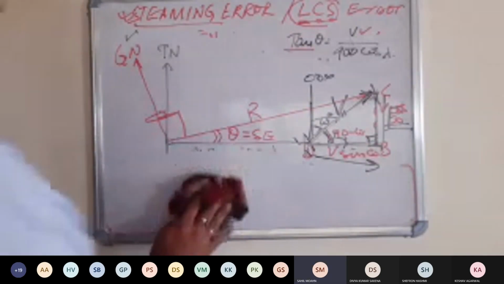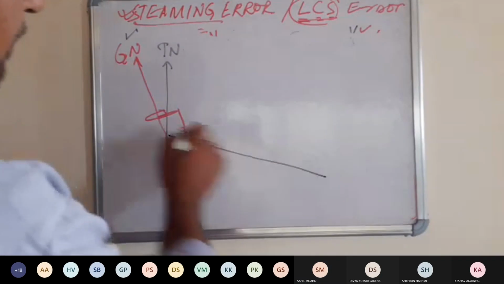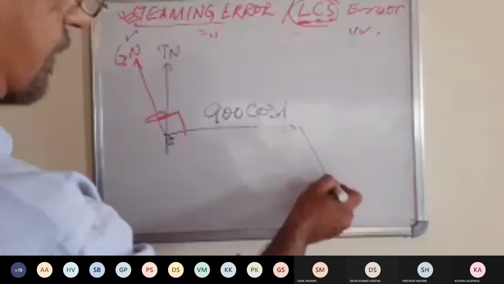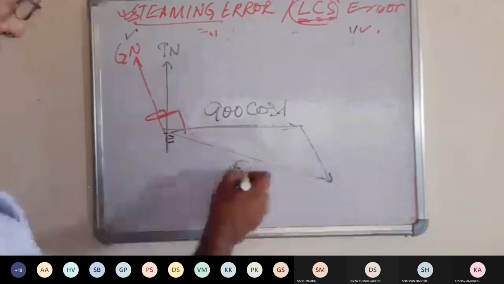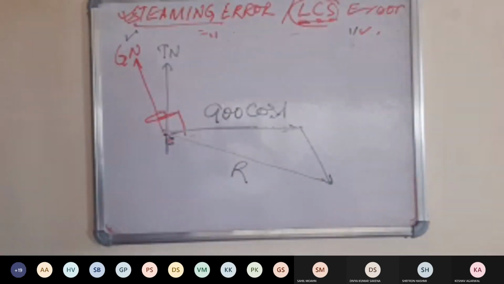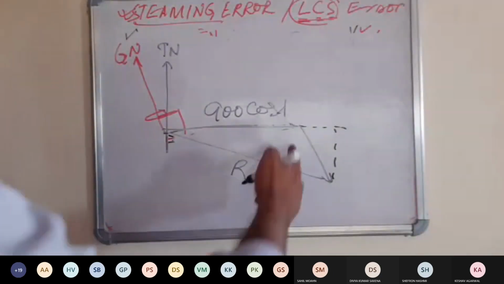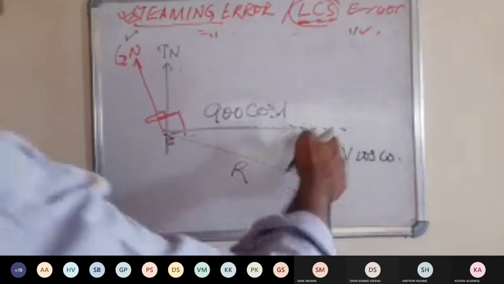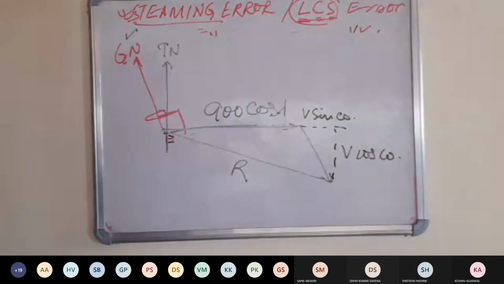Okay, you don't have to probably write it, but just to understand what happens if she goes in this direction. This is 900 cos lat. The ship is going in this direction, southeasterly course. Resultant will be this. Again we resolve it like this, so again we get V cos course and V sin course, the same way as we did earlier.